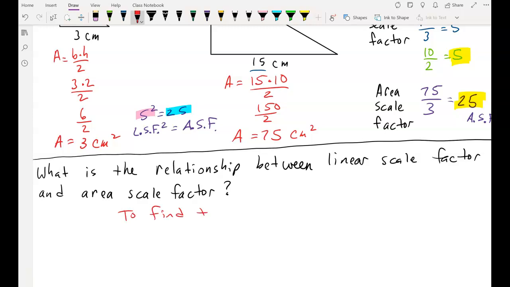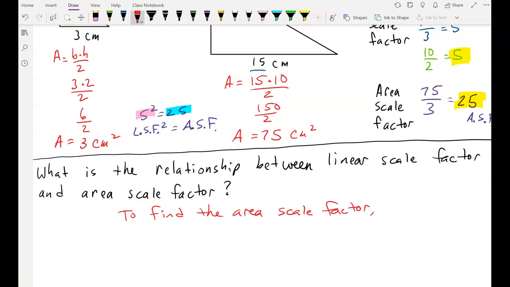To find the area scale factor, it looks like all you have to do is multiply the linear scale factor by itself, or square it.